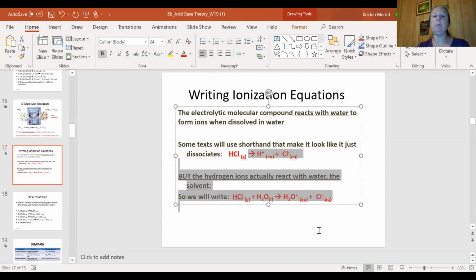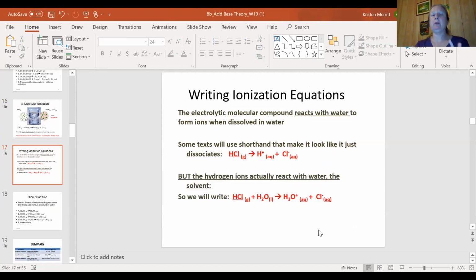You do not have a bare proton as a product. That does not exist, and that is wrong. You must give me water and H3O+. This is hydronium ion. You need to know that, and also hydroxide ion, which is our base, and we're going to learn that in acid and base chemistry. So do not give me a bare proton. I don't care what you see in other videos online.